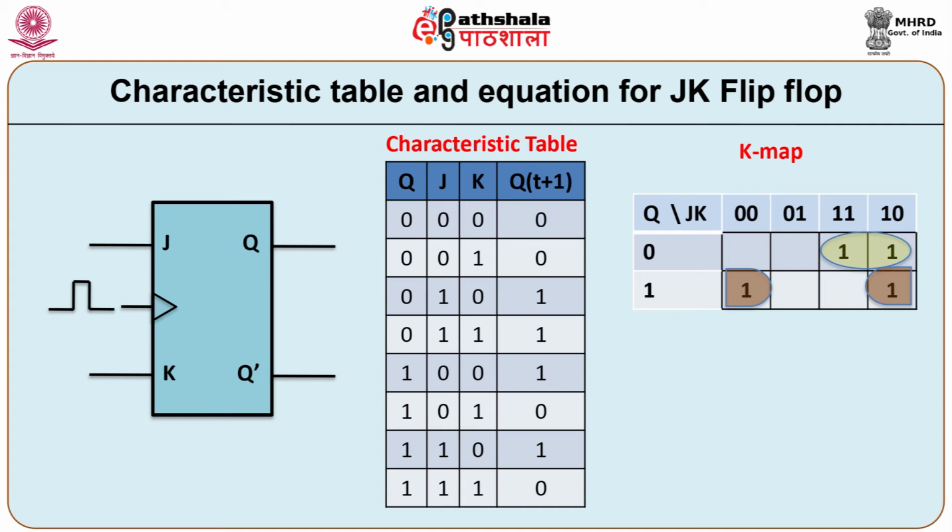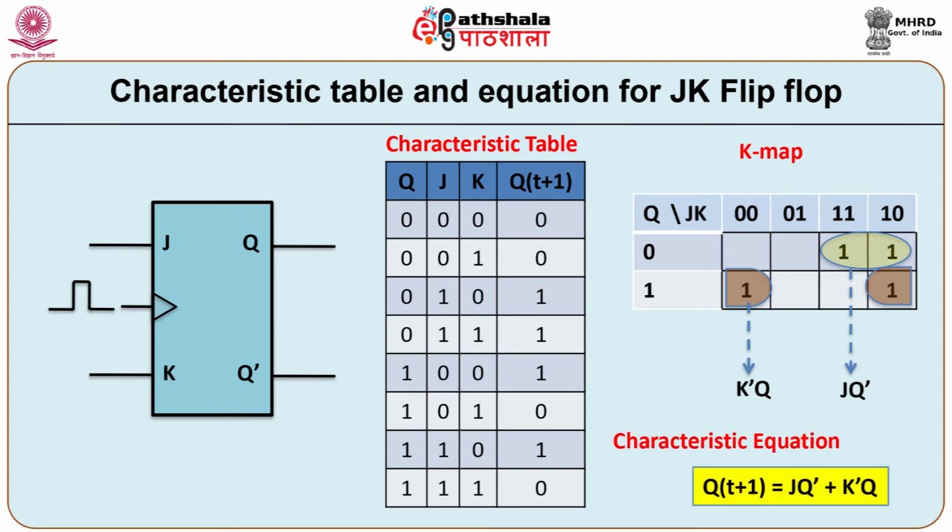First and last columns are neighbors of each other, hence we can form this pair. The first group results in J Q bar, the second group results in K bar Q. Thus, the characteristics equation for JK flip flop is Q(t+1) is equal to J Q bar plus K bar Q.